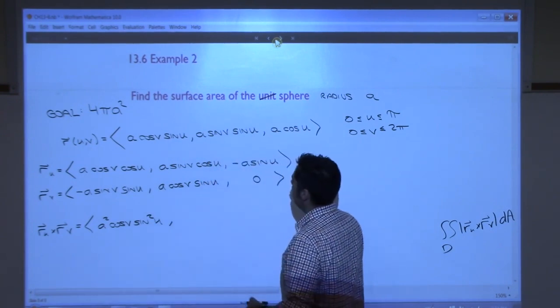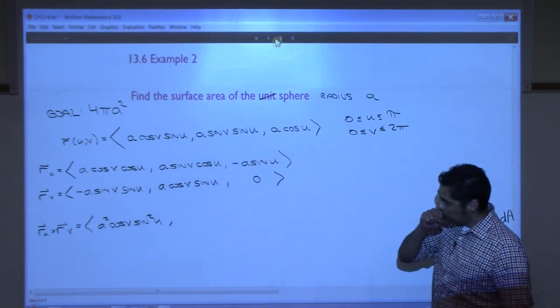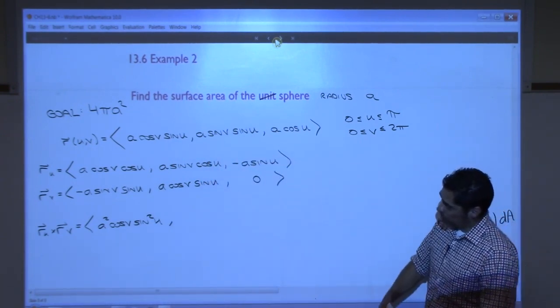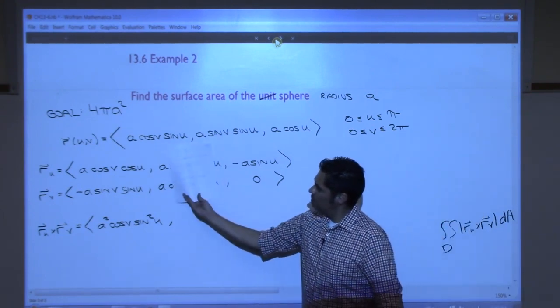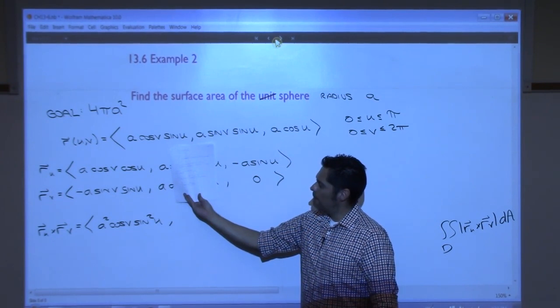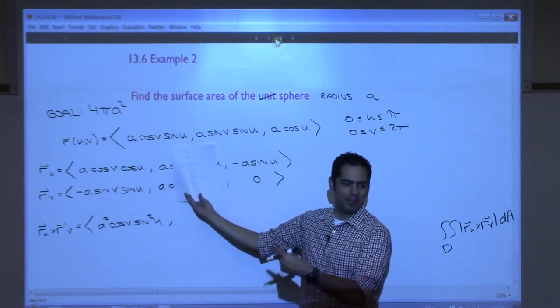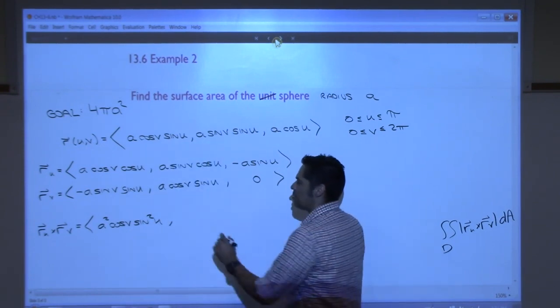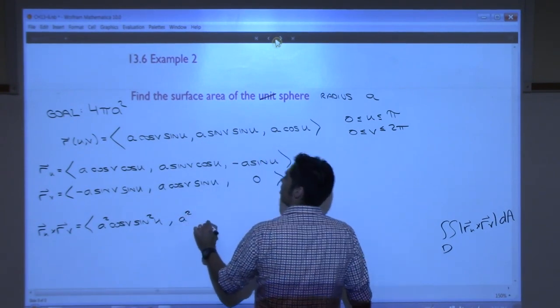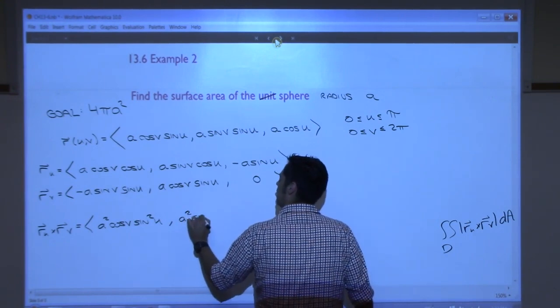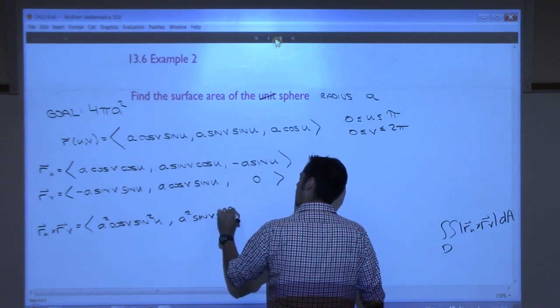What's the next one? Cover this one. Will it be minus or plus? It's a plus, remember? Because it was that weird minus, but it was the middle one. So we'll get a squared sine v sine squared u.